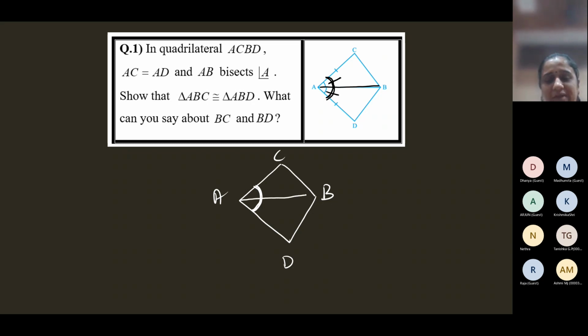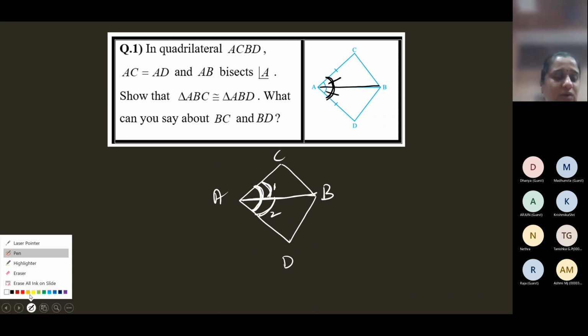Because of it, this angle is divided into two angles. And AB is given to bisect angle A. That means it divides angle A into two equal angles, angle 1 and angle 2, and they are equal. Angle 1 is equal to angle 2.